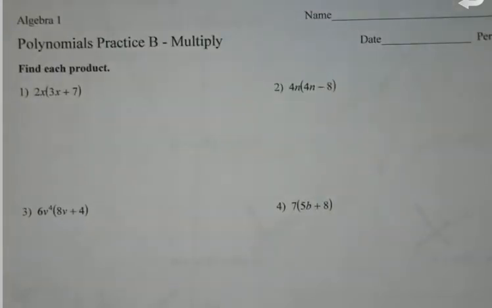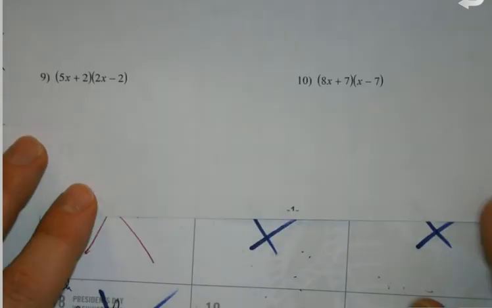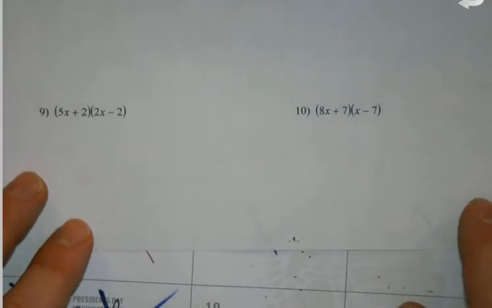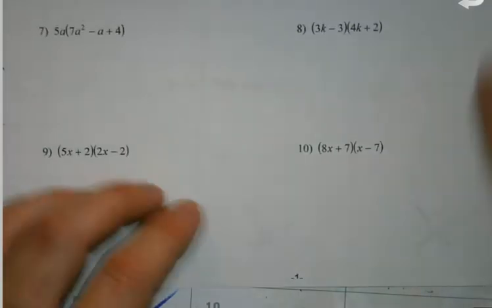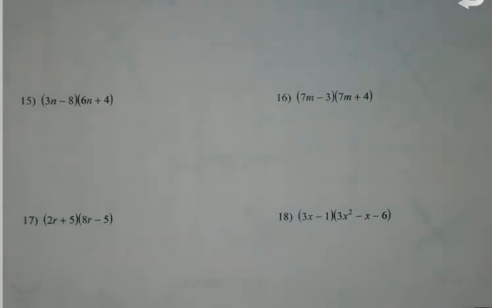Now there's some on there you're just going to distribute, some where you might want to use the box. Up here you could use a 1x2 box. We did that in some of the examples. But once you start getting down to like number 8, number 9, number 10, using that box is a good organizational tool. And as you head towards the back, there's more of those and a couple of the bigger ones, like the one we just did.